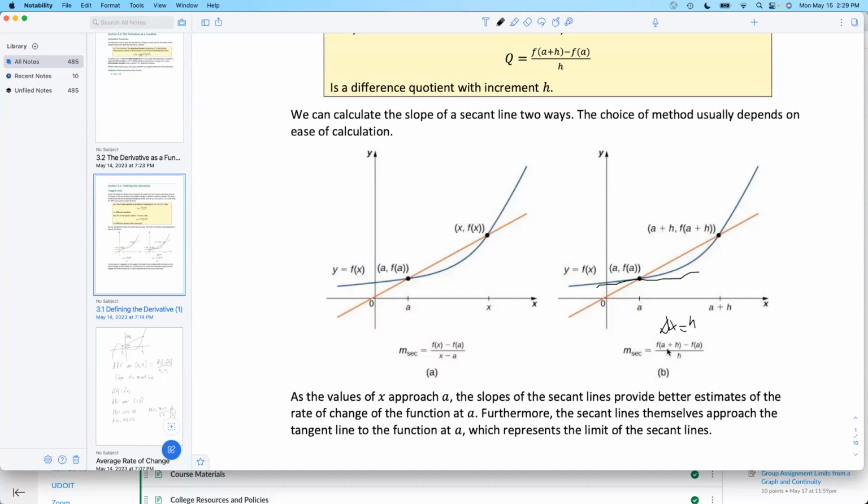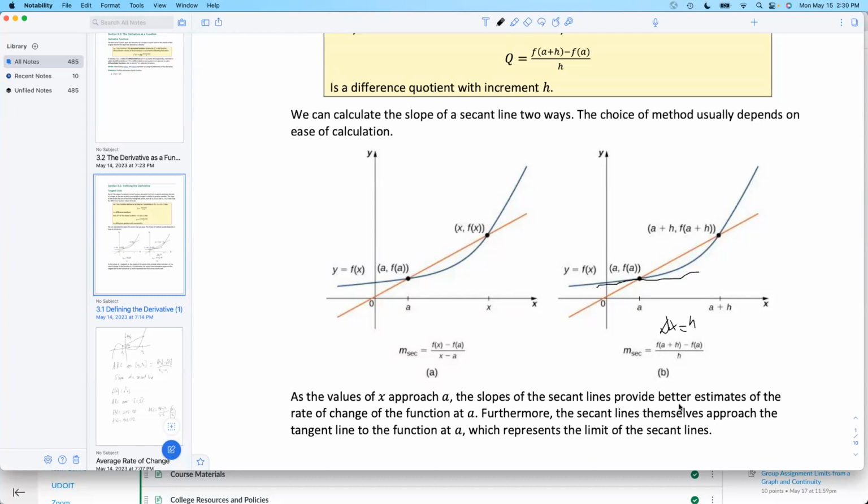Then just change in Y over change in X, I named H. And then what we'll do next is take the limit as delta X, this distance H, goes to 0, and we get the derivative.